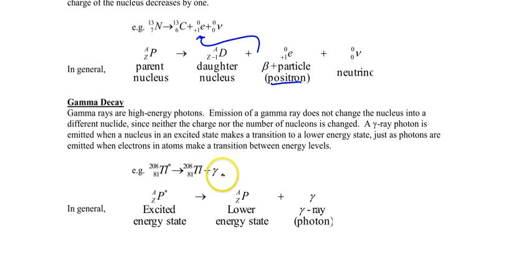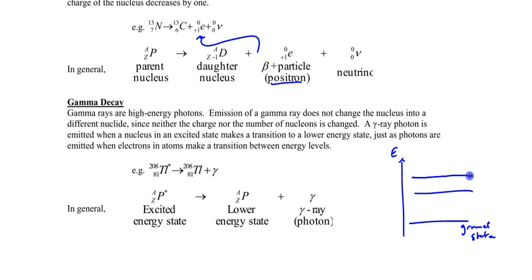This is energy. So a gamma ray photon is emitted from a nuclei that is in what we call an excited state. Now, to denote the excited state, we put an asterisk here. And it basically means that if you were to look at, say, the energy level diagram, here's energy here, and we have, say, ground state here, and then we have some higher energy levels here.